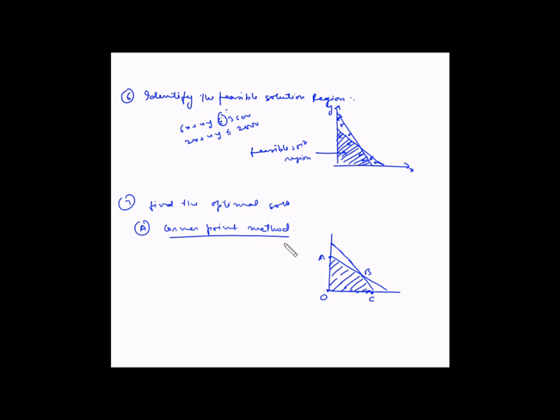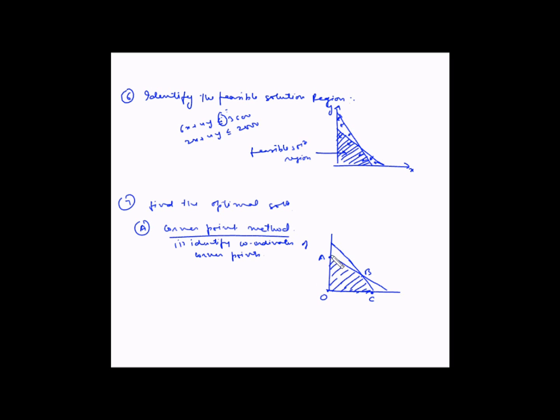So what this method says is that the optimal solution lies on one of these corner points. So to identify the corner point which is the optimal solution, first what we have to do is to identify coordinates of corner points.